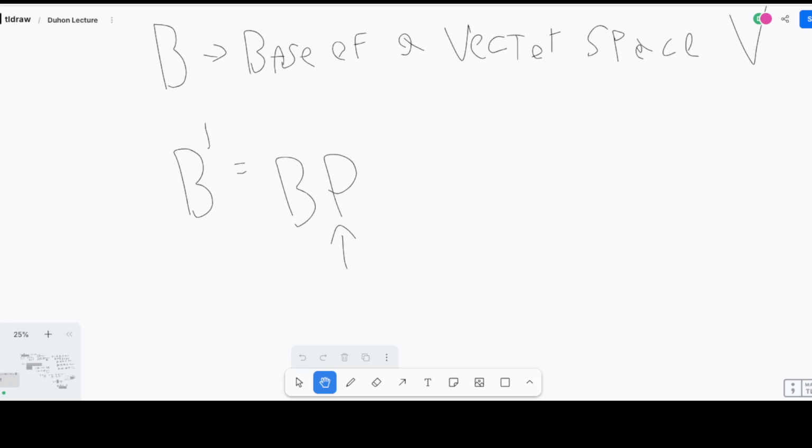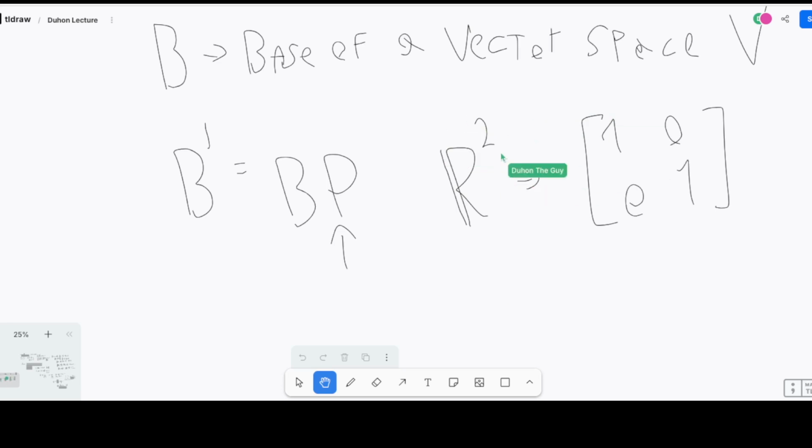For example, for R squared, the basis is (1,0), (0,1). That's the identity matrix, right? But why is that? Because if we have the vectors (1,0) and (0,1), we can do a linear combination of these two. Basically, multiply this one by n and this one by m, sum them together, and we get any vector that is in here. That is what a basis is.